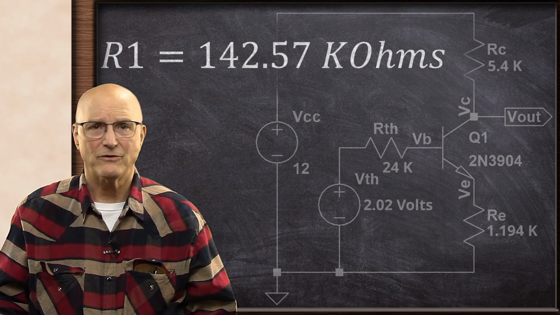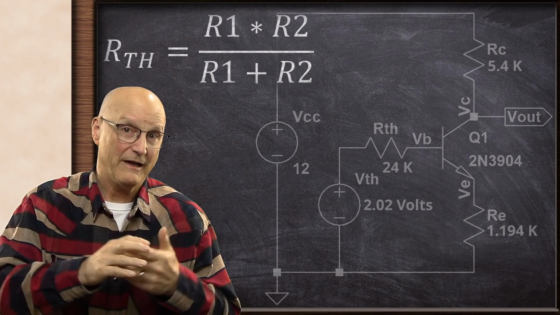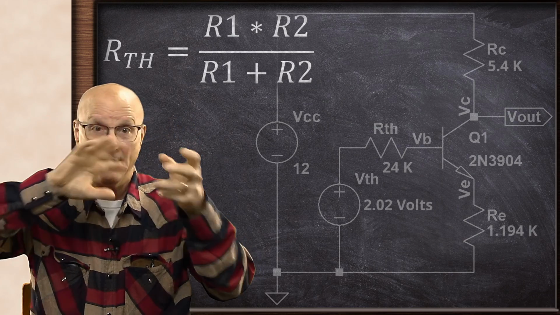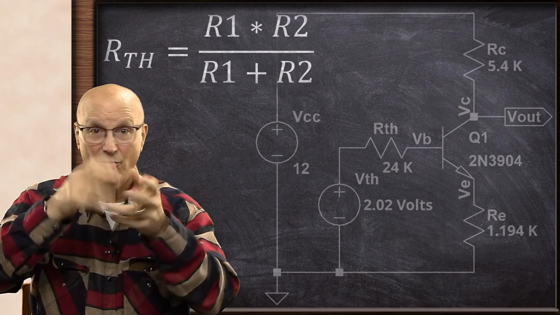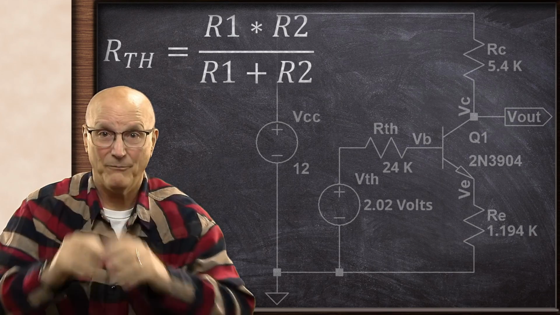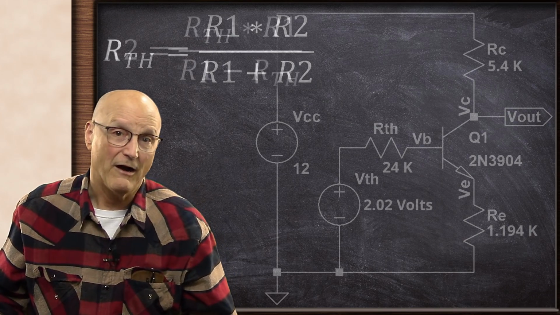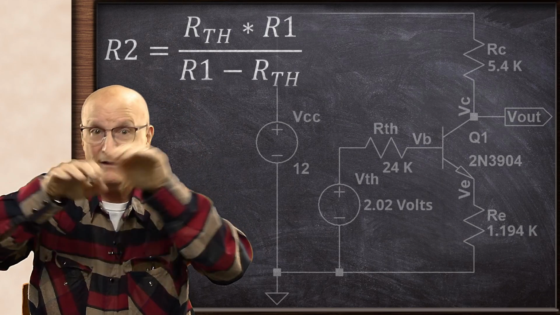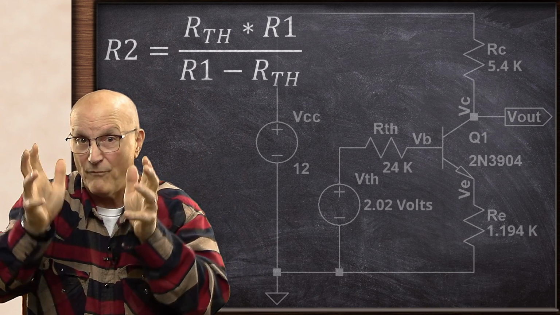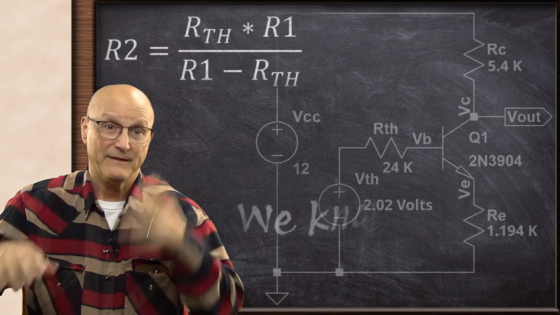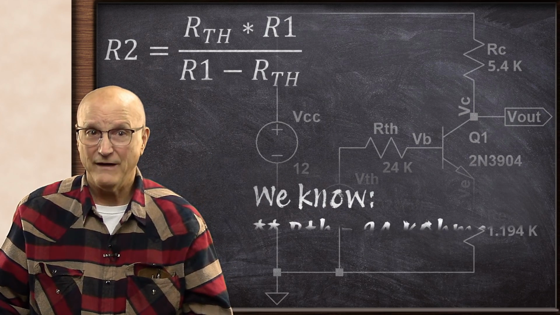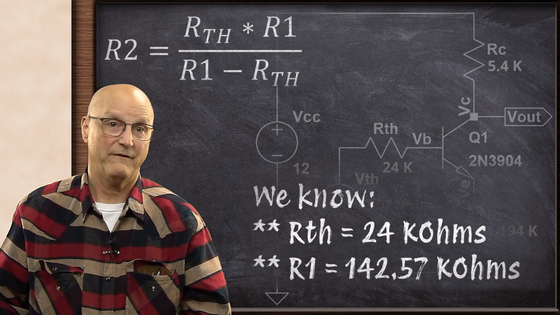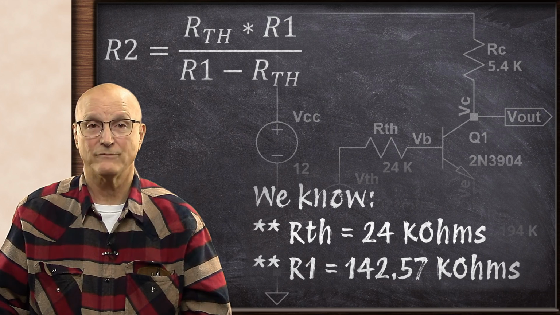Well, now that we have R1, we drop back to the equation for R Thevenin so that we can calculate R2. We know that R Thevenin equals R1 times R2 over R1 plus R2, and we rearrange this equation with a little mathematical manipulation to discover that R2 is equal to R Thevenin times R1 divided by R1 minus R Thevenin. At this point, we know that R Thevenin is 24 k ohms and R1 is 142.57 k ohms.